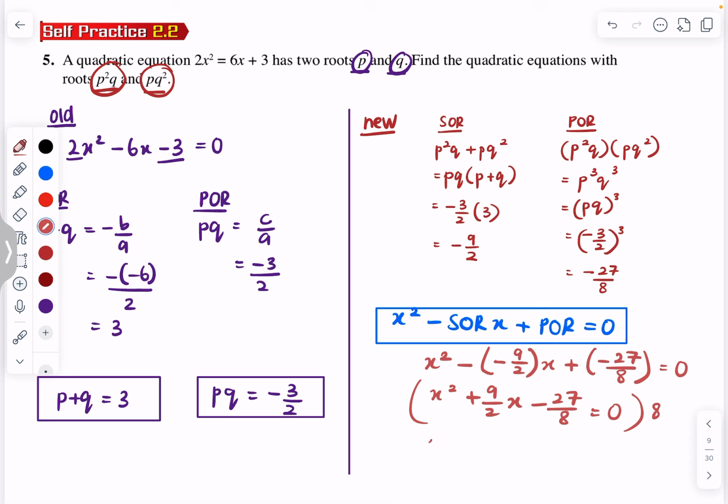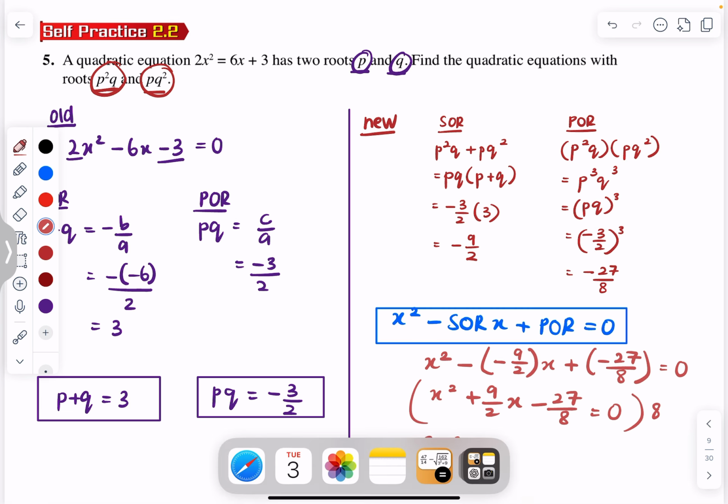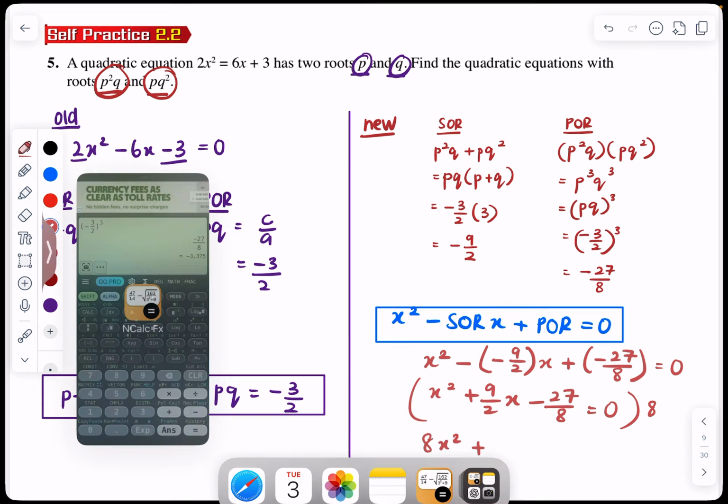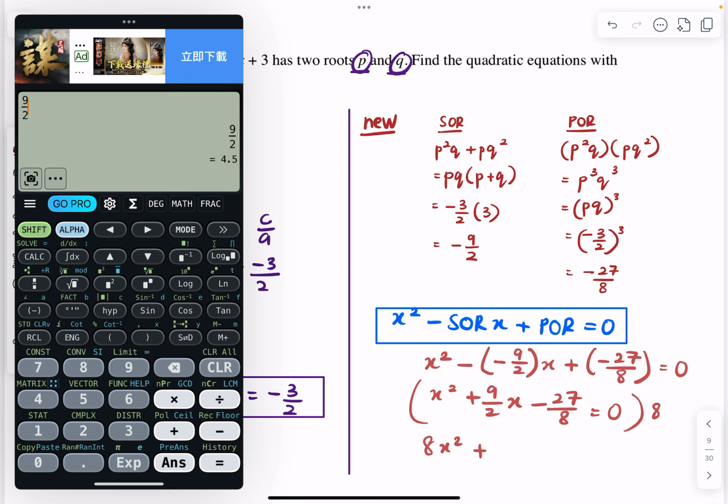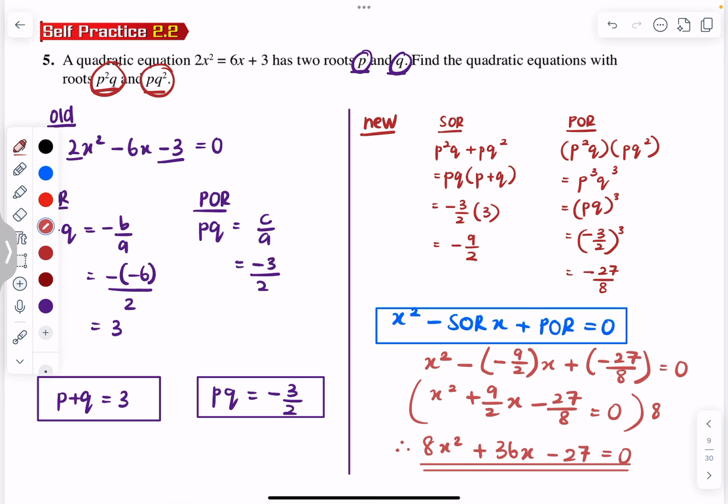Okay, so we get 8x squared plus 9 over 2 times 8, you can just use your calculator, 36x minus 27 is 0. This will be our new equation. Done. That's it.